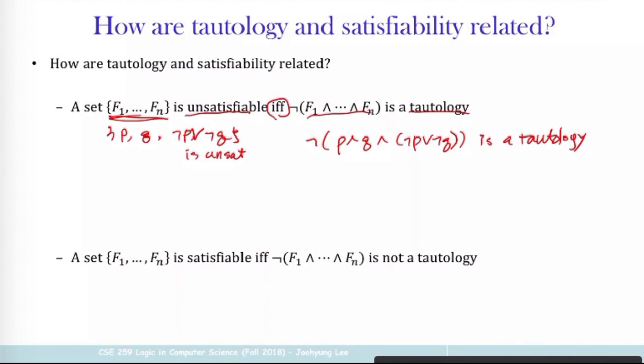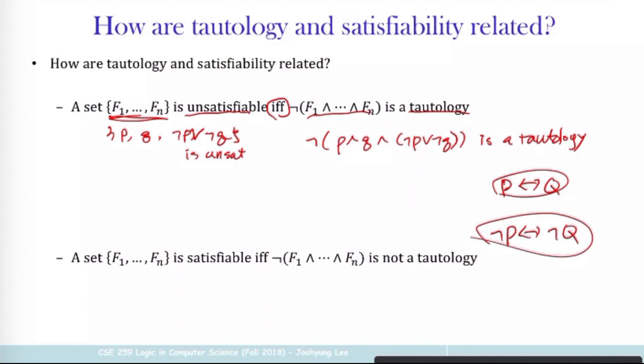One thing that you can apply here is, suppose you know that P if and only if Q. This is actually the same as saying not P is equivalent to not Q, right? These two formulas are equivalent if you apply the definition of equivalence.